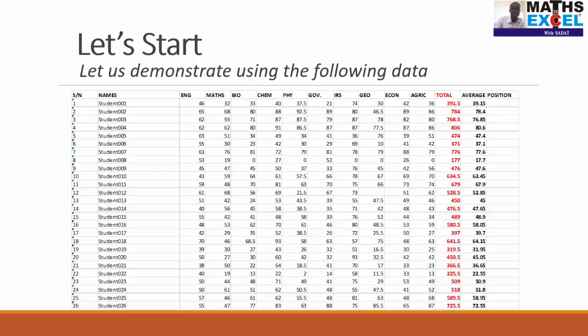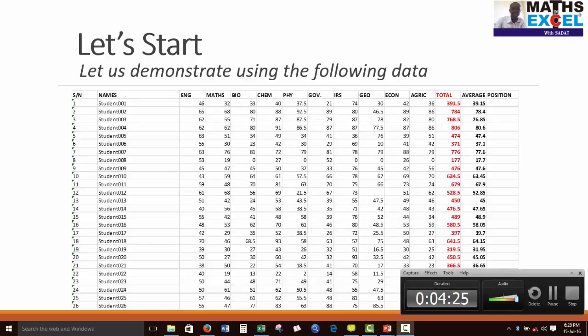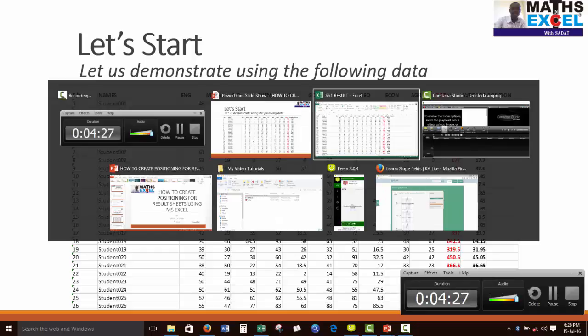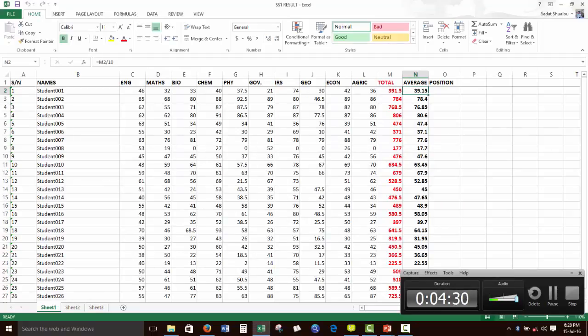So now what we are going to do is to see how we can use Excel to create the positions of those students, to know who scored the highest mark, who came first, and who came last in the class.